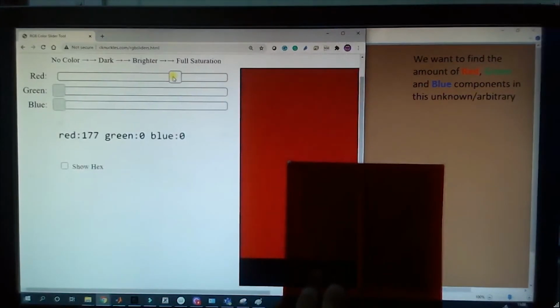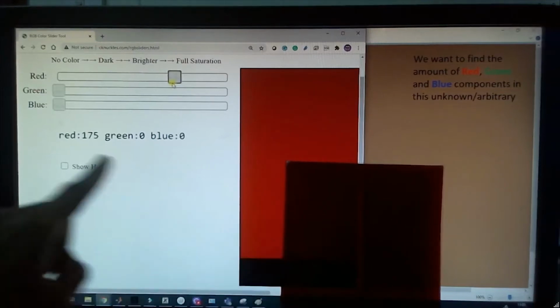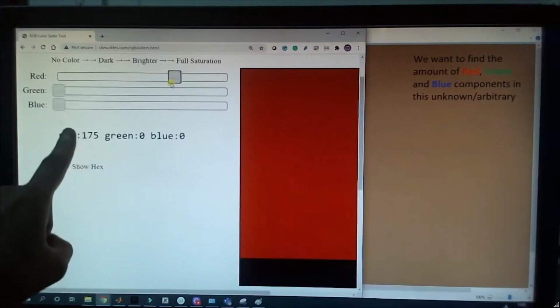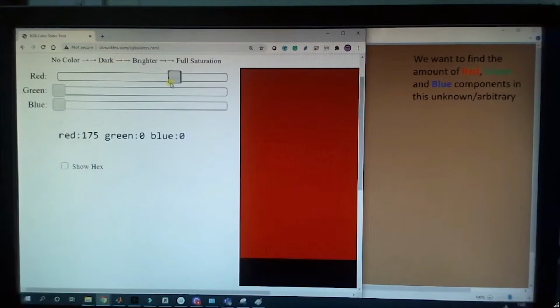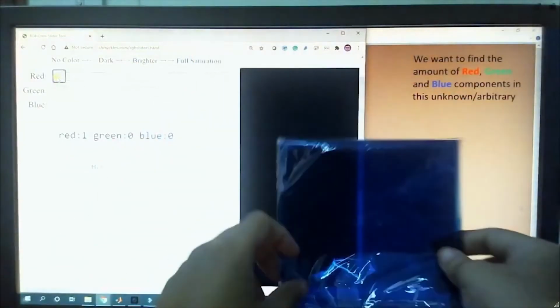I guess now the brightness is almost equal. So I shall note the value of red as 175. Remember the value. Now with the blue filter I shall do the same thing.